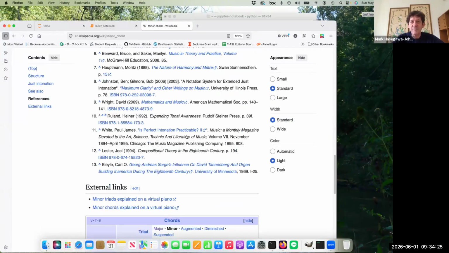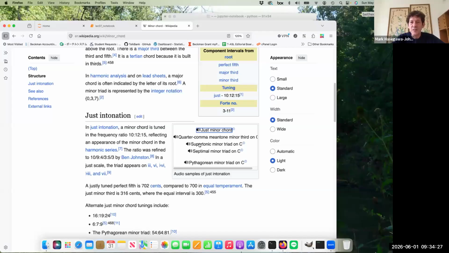There are slight variations. So there's the basic minor chord, and here's the basic minor chord again, tuned just slightly differently.